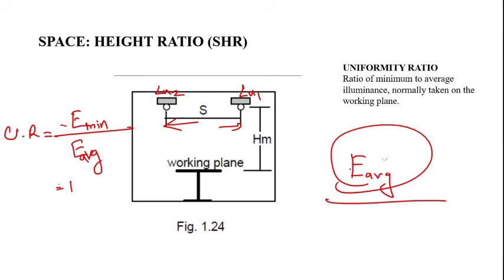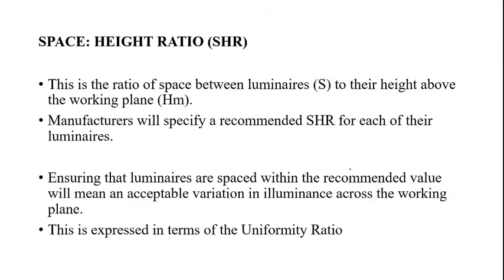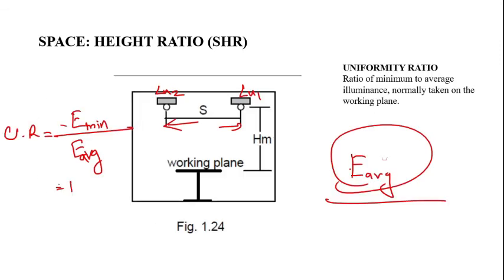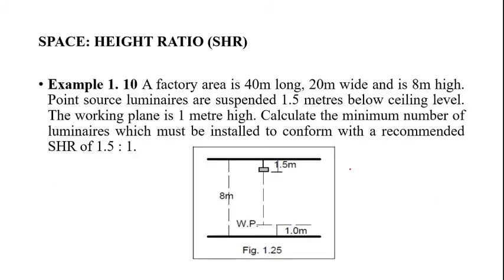So space to height ratio is another design factor. How to take this design factor into account while designing an interior lighting system can be explained by considering this example. Consider a factory area that is 40 meters long, 20 meters wide, and 8 meters high.